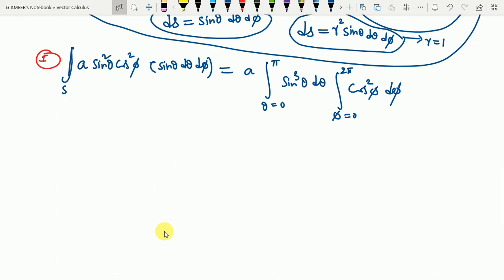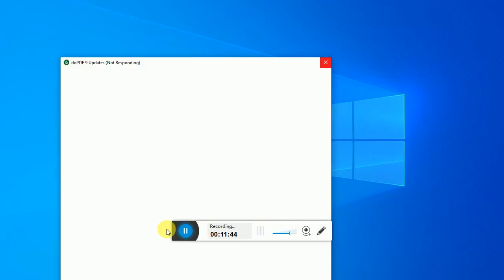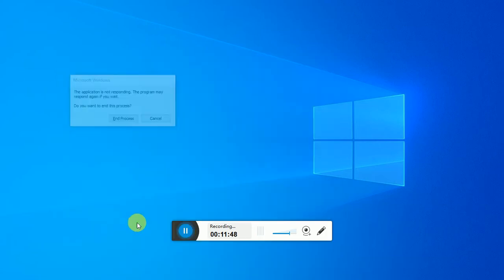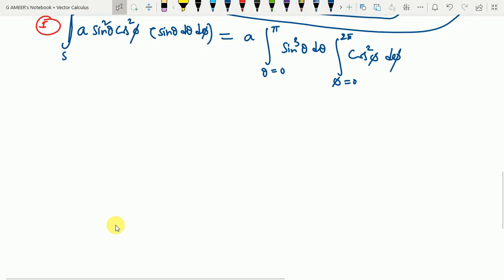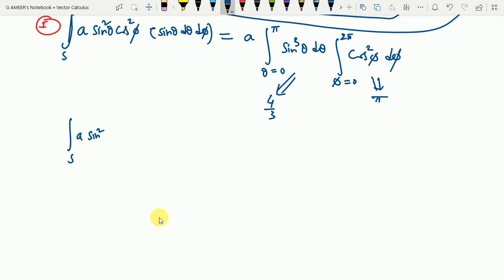Sine cube theta gives 4 by 3, and cos square phi gives pi. So overall, the first term, surface integration of a sin square theta cos square phi sin theta d theta d phi, I'm getting as 4 pi by 3 times a.